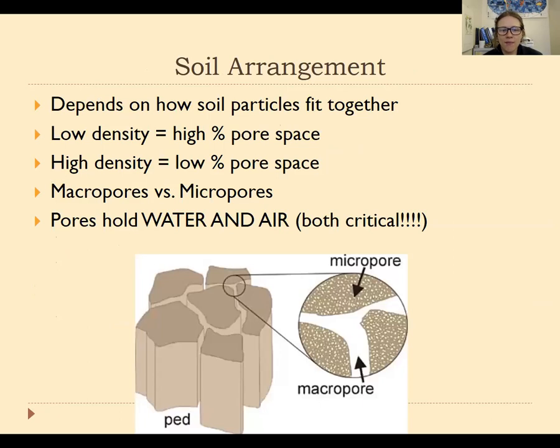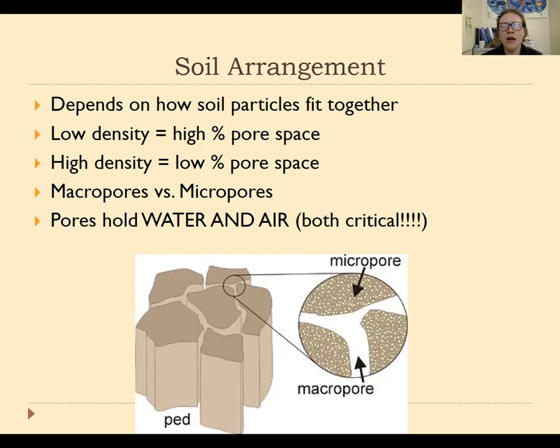Okay, so thinking about these soil aggregates that we mentioned last time and how they're arranged, it's going to, of course, impact the density of the soil and its environment. And so we talked about the fact that very rarely do individual soil particles actually act as individuals, but they're often clumped together, especially in a healthy soil.